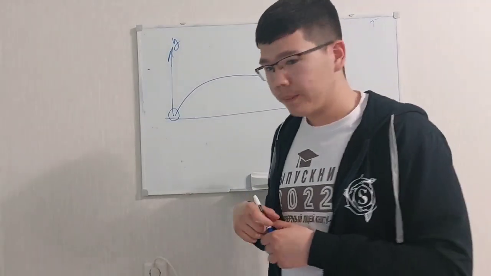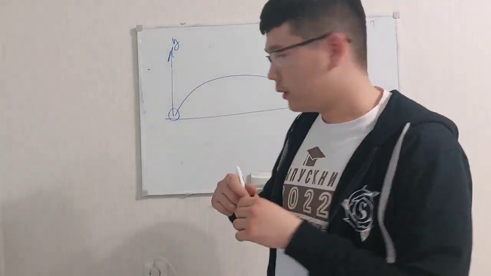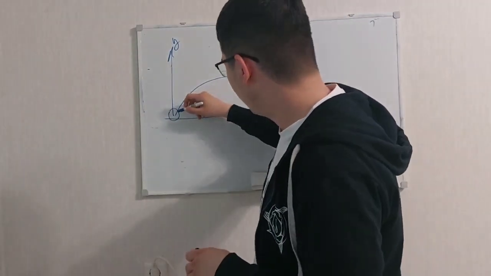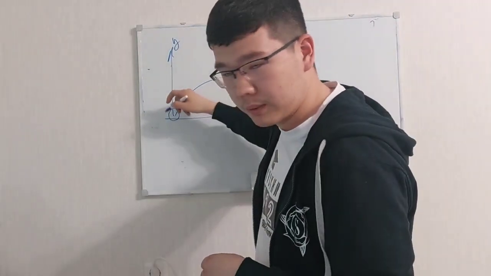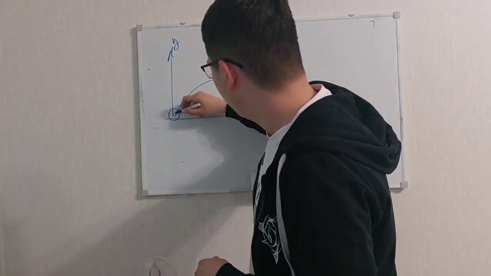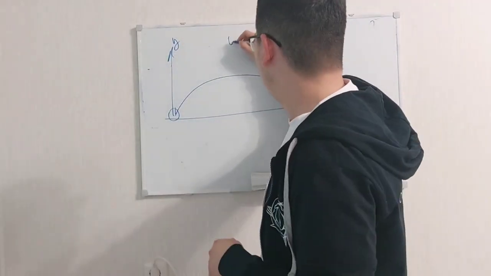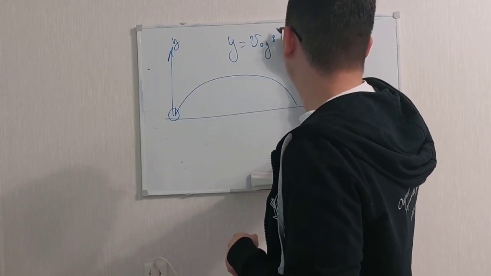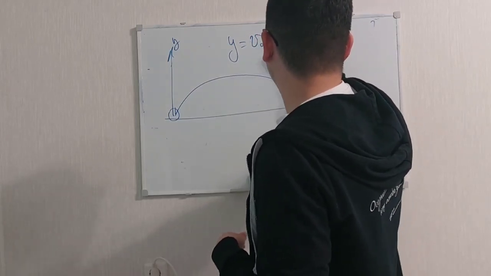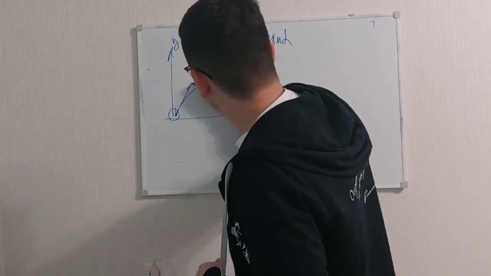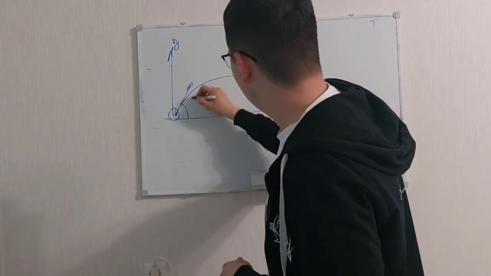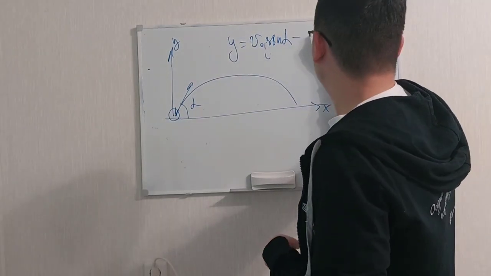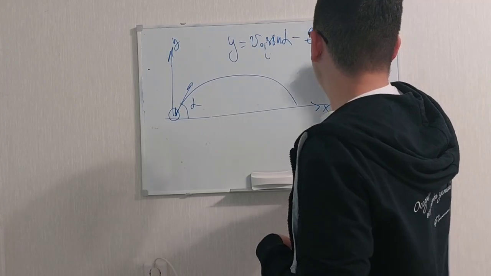We say that there are two motions that are independent of each other, and the first motion that happens with this body is the motion along the y-axis, with the law y equals v0 sine alpha t minus gt squared over 2. Let me write it in that way: the start velocity multiplied by the sine of this angle, minus gt squared over 2.